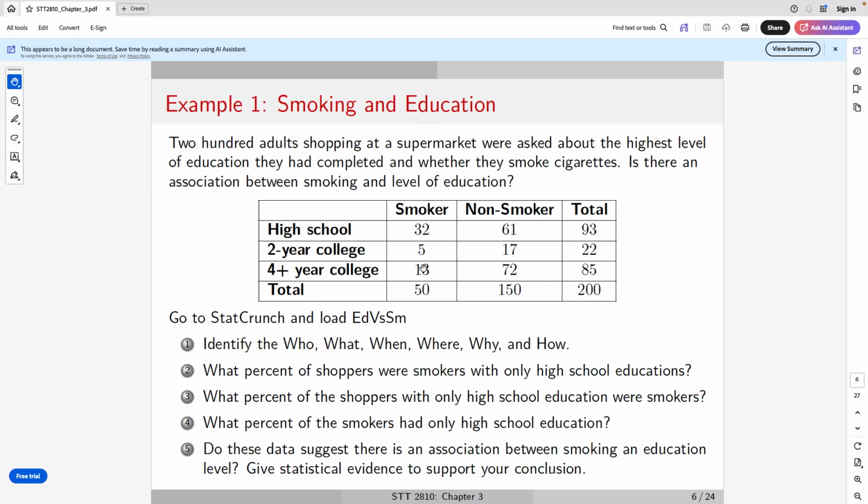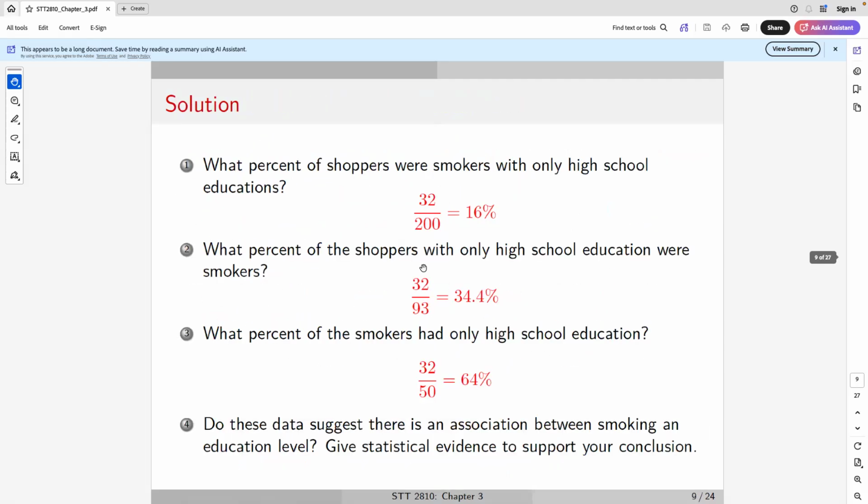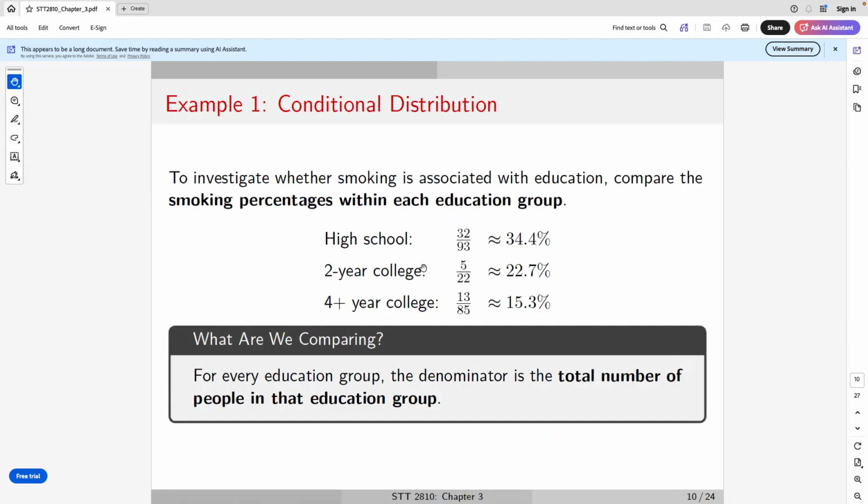And then if those percentages vary, it means that there is an association. You can see from here that this is high school, this is 2-year college, this is 4-year college. Now, because these percentages vary, there is an association.